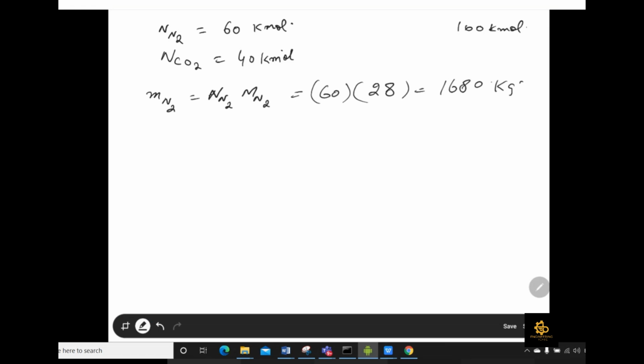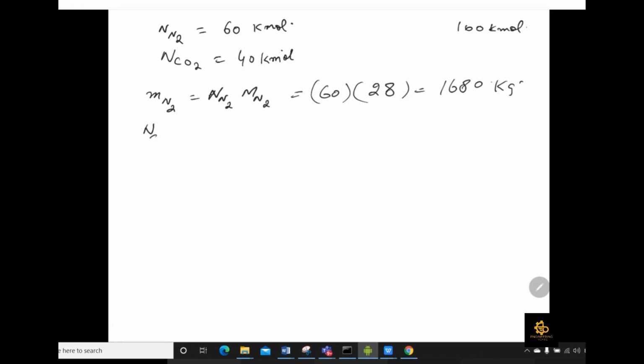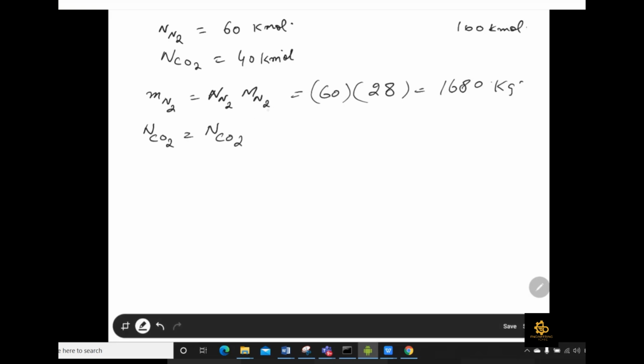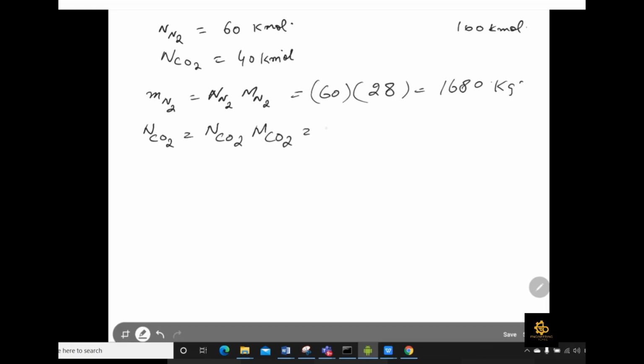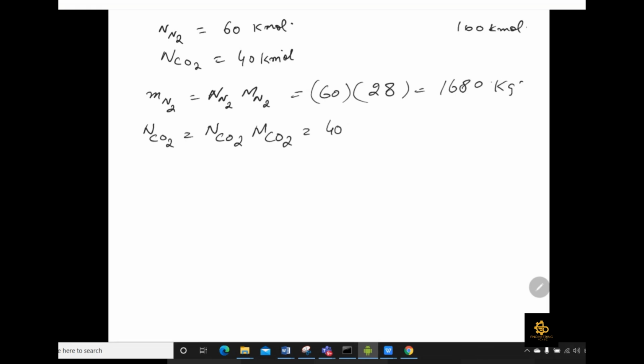Okay, a similar procedure you have to follow for the second component, which is CO2. The mass of CO2 is equal to the number of moles of CO2 multiplied by the molar mass of CO2. The number of moles of CO2 is 40, and the molar mass of CO2 is 44 kilogram per kilomole.